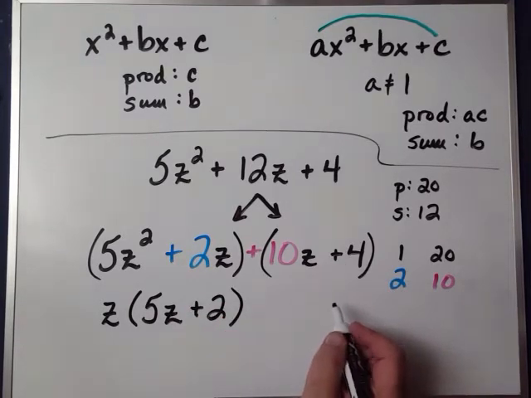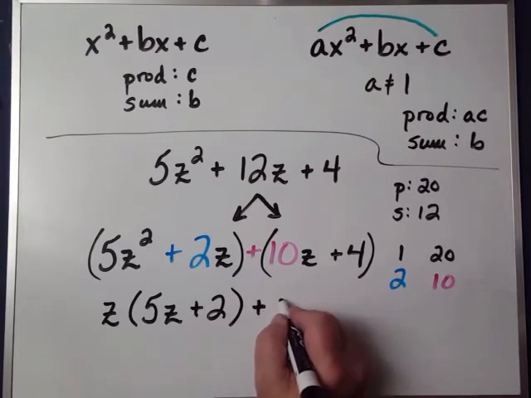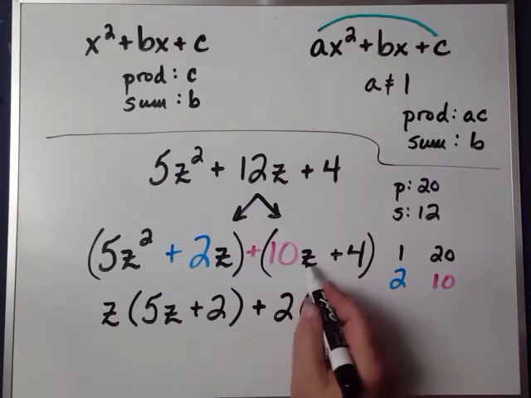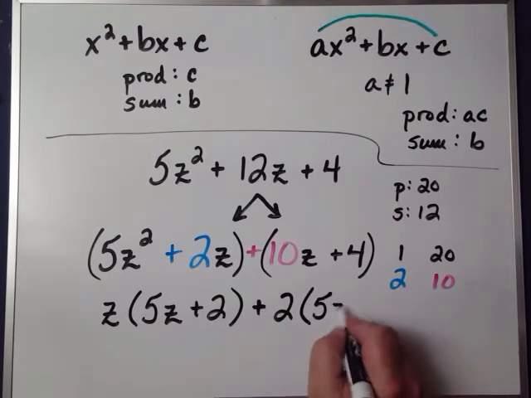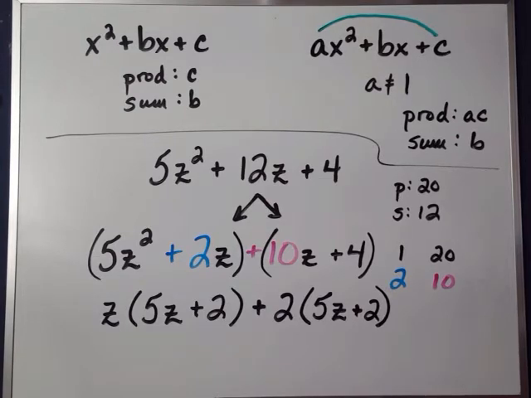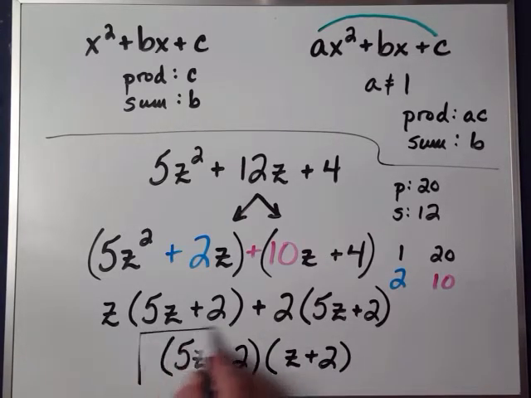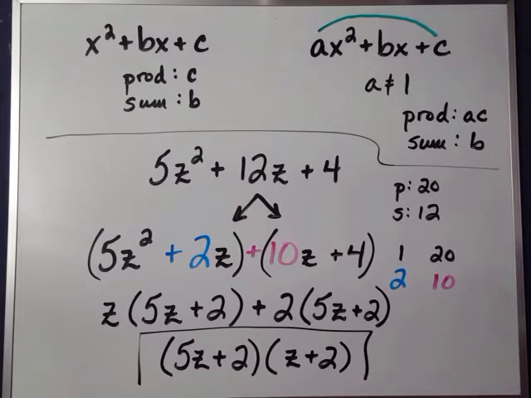Out of the second pair, the greatest common factor there is 2. So plus, factor out a 2, which leaves 5z plus 2. Finish your factor by grouping, by factoring out this common binomial factor of 5z plus 2, and it leaves z plus 2. And there's the same answer that we got last time by trial and error, by simply unfoiling.